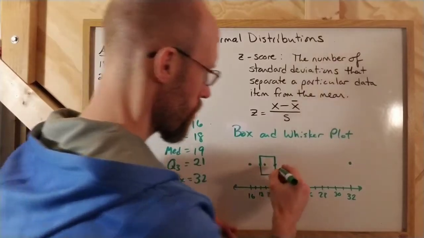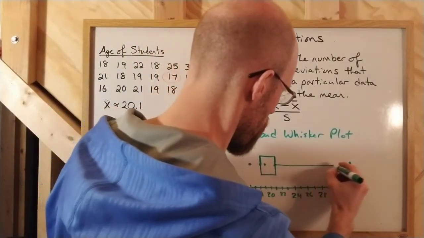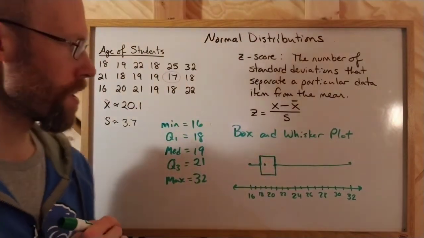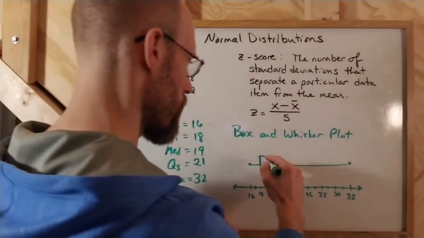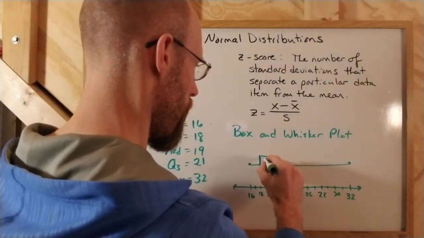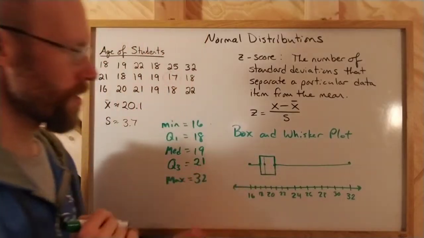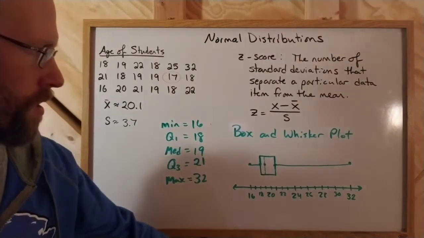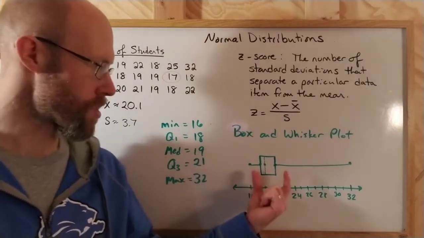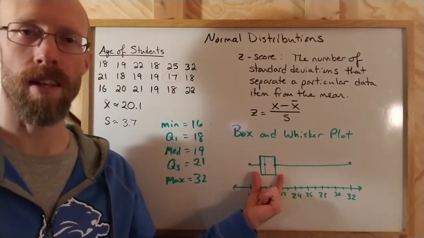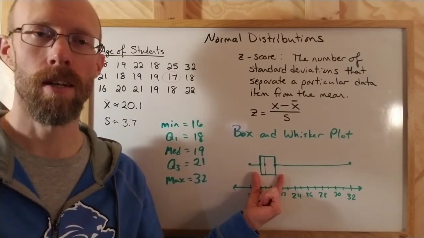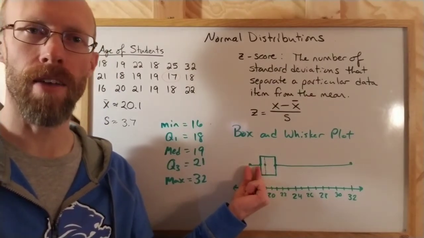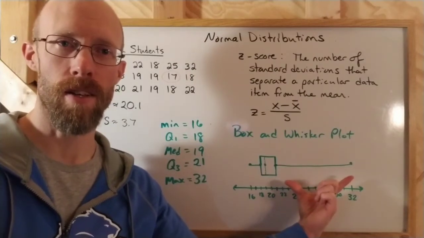And the whiskers are just a line that extends out from that box over to the max and the min. We also usually put a dashed line in here at the median to specify where that is. This gives you another way to visualize the data. You can see where 50% of the data is clumped in this box, and 25% of it is over on this side, and the other 25% is over here on this side.